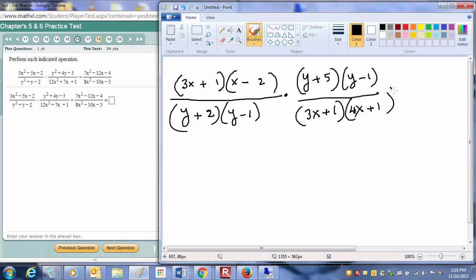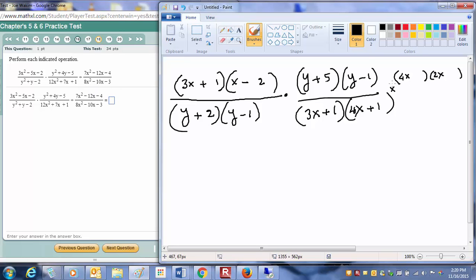Now here I want to multiply and flip, because we have division. Put this in the numerator and let's factor it at the same time. So we have 8x squared minus 10x minus 3. So if I go 4 times 3, 12, so that would be the best deal. Let's try 4x times 2x for the 8x squared.